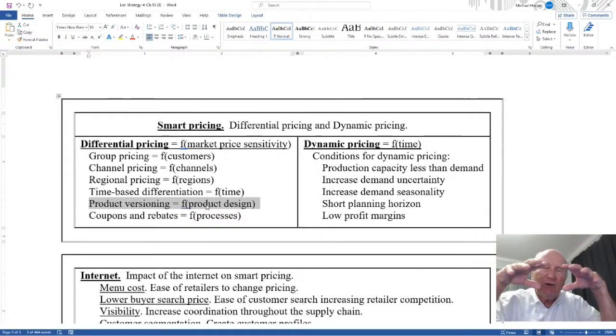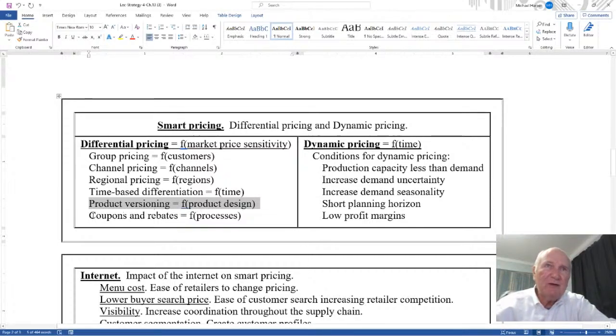So the packaging or the design of the product, or if it looks bigger, you'll pay more for it. If it's smaller, you pay less for it. If you have pictures on it, the design of the product itself could have impact on the pricing.